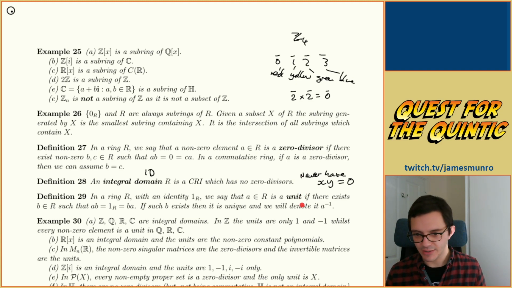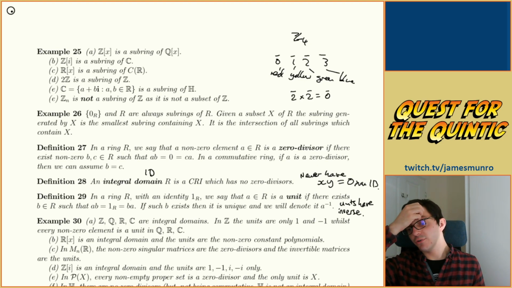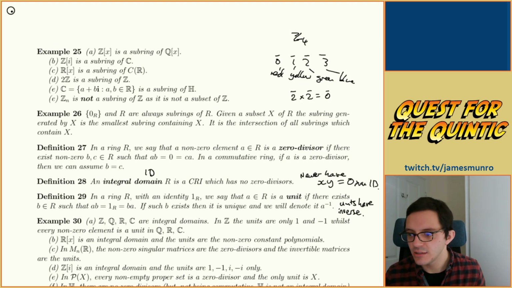Right, units defined down here. Is there a b such that you can multiply it and get the identity? And again, if we're commutative, I'm not going to worry about the distinction between AB and BA. So how am I going to write this? Units have inverses. I find it helpful to try and summarise the things, so that I've got a kind of short phrase for remembering what something is.